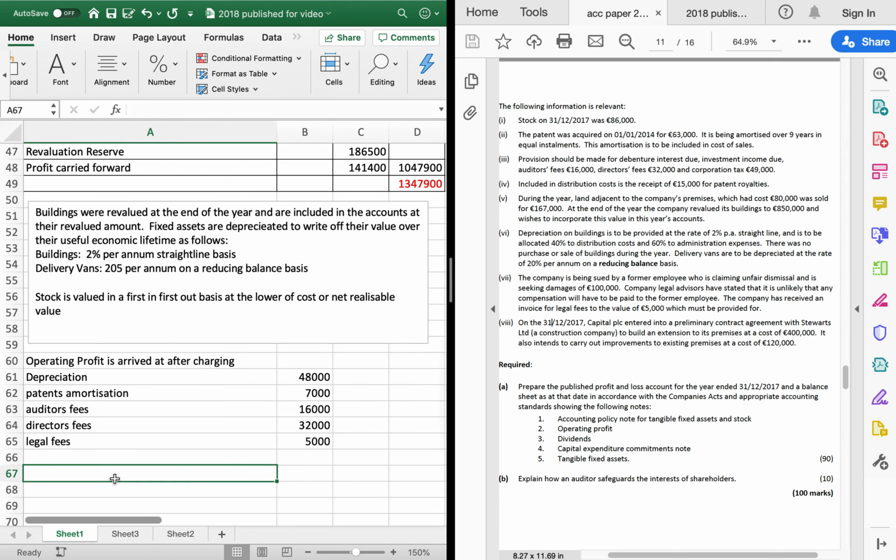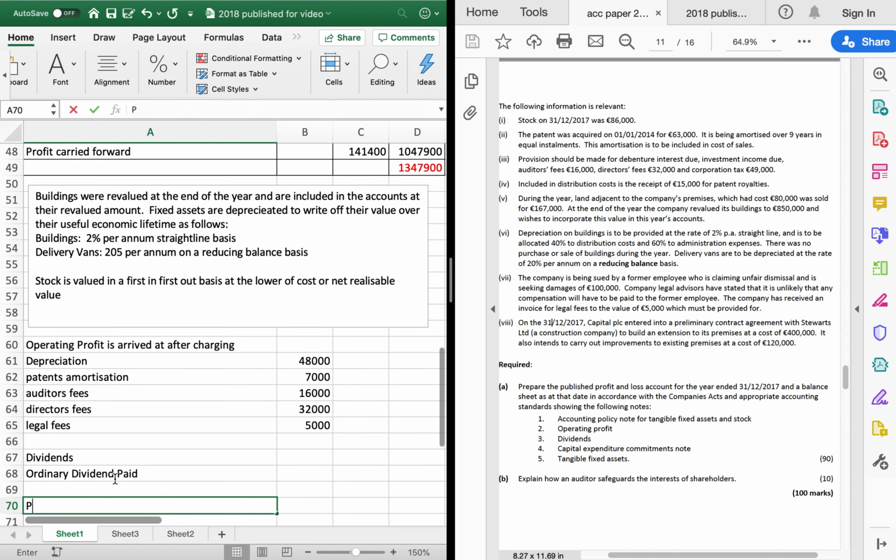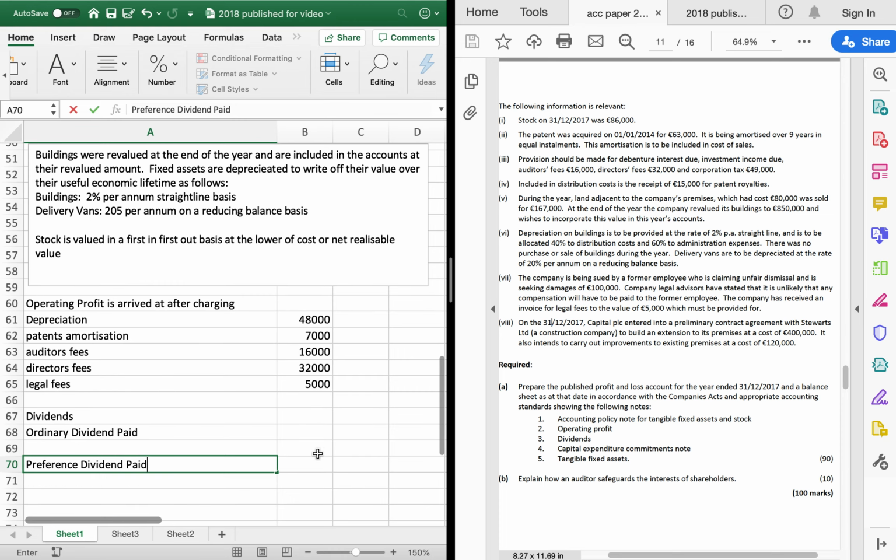Third one, dividends. So what are we doing on dividends? We have to say what the ordinary dividend paid was, and the preference dividend paid. You really have to do these in the reverse order.